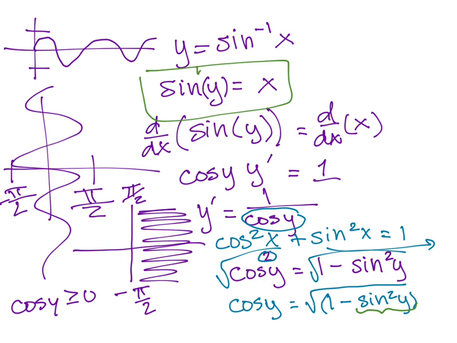Sine squared of y must be x squared. So I'm going to take out this sine squared y and replace it with x squared. Okay. So cosine of y is actually equal to the square root of 1 minus x squared.